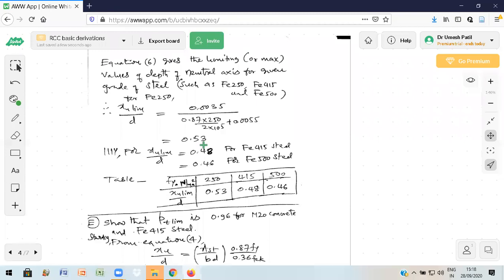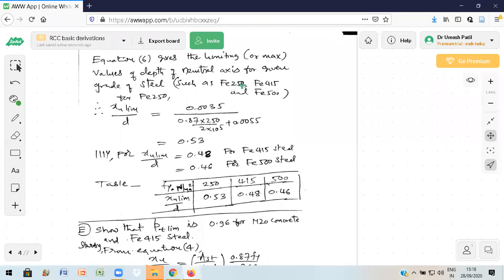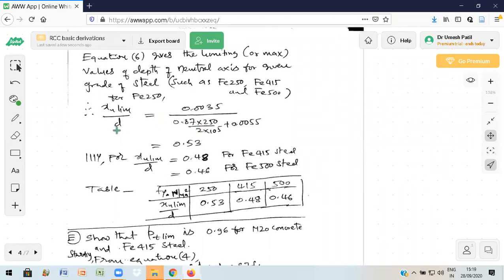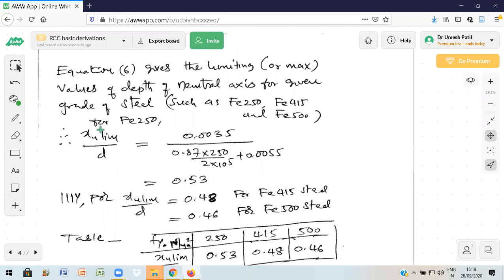The same formula I am using if Fe250 steel rods are used. What happens to xu limit by d? Observe here: xu limit by d equals 0.0035 divided by 0.87 into 250, in place of Fy since I am using Fe250 grade steel, divided by ES, 2 into 10 raised to 5, the elasticity, plus this one. What is this 0.0055?